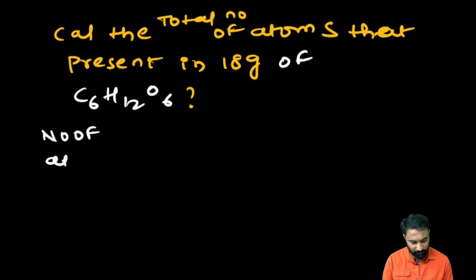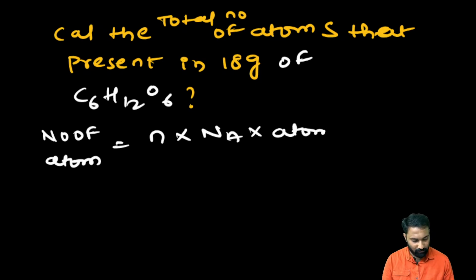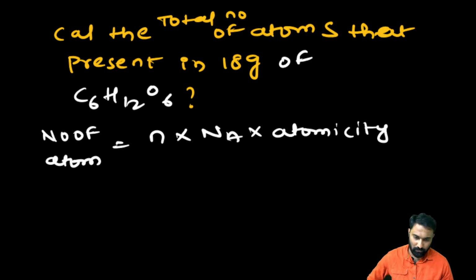Number of atoms is equal to N into Avogadro number into atomicity. Now you have to tell me the answer.